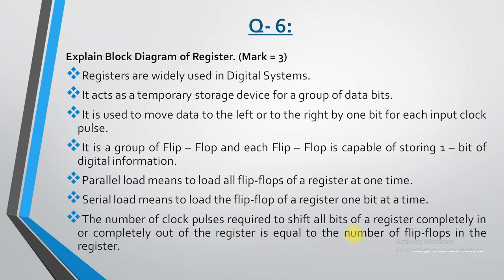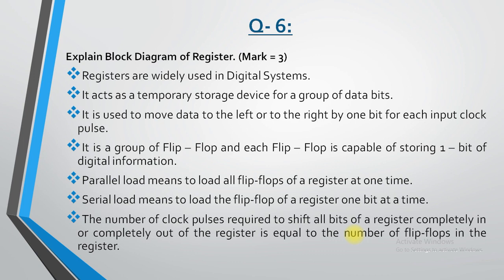Now let me read out the points which are given over here. I have already explained all the given points which are listed over here, but even though I am going to repeat it once again, and if any point is missed out, then I can explain. Now let us focus on the first point. Registers are widely used in digital systems. It acts as a temporary storage device for a group of data bits.